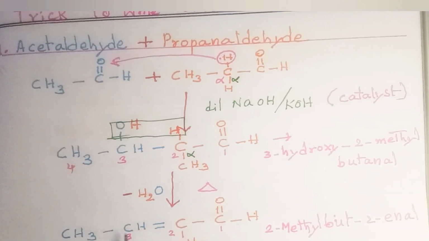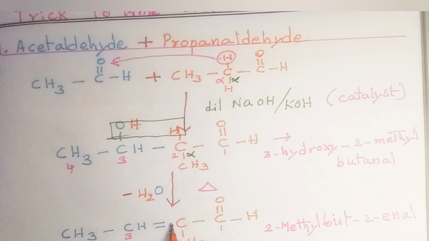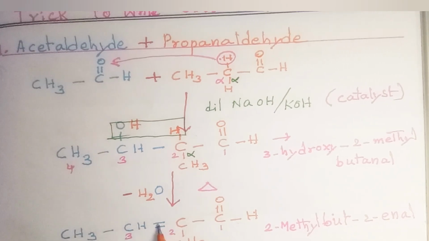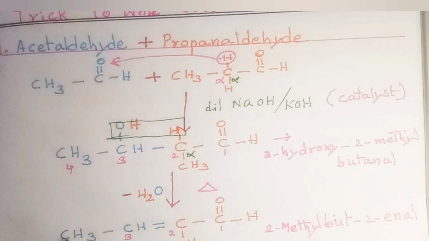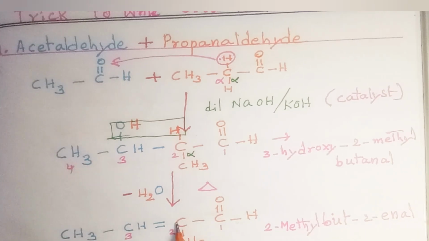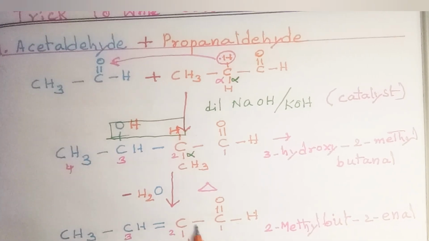So as a result there is a double bond between these two carbon atoms. So this is CH3 CH double bond C CH3 C double bond OH. This compound so formed has 4 carbon atoms.